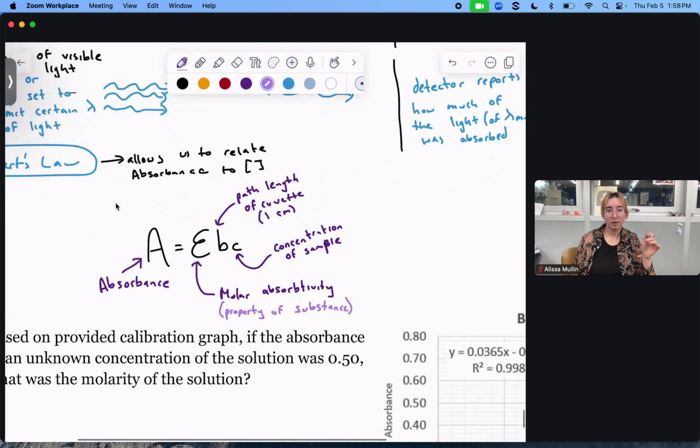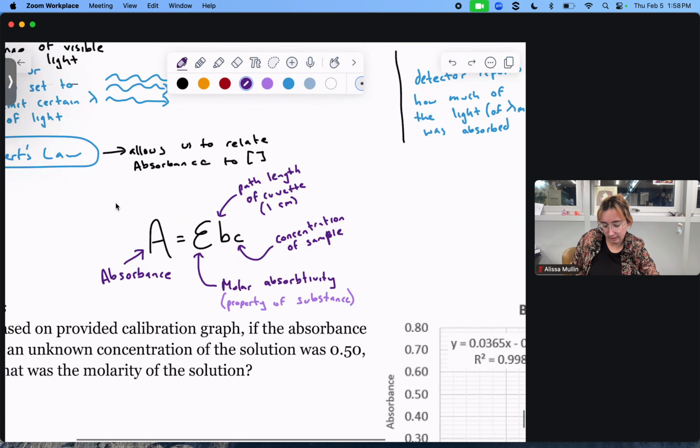Okay, so there's a direct linear relationship between absorbance and concentration, and by taking into account how much light the substance absorbs per mole, we're able to translate between the two. So that's cool. We'll do more with this, but that's the basics.